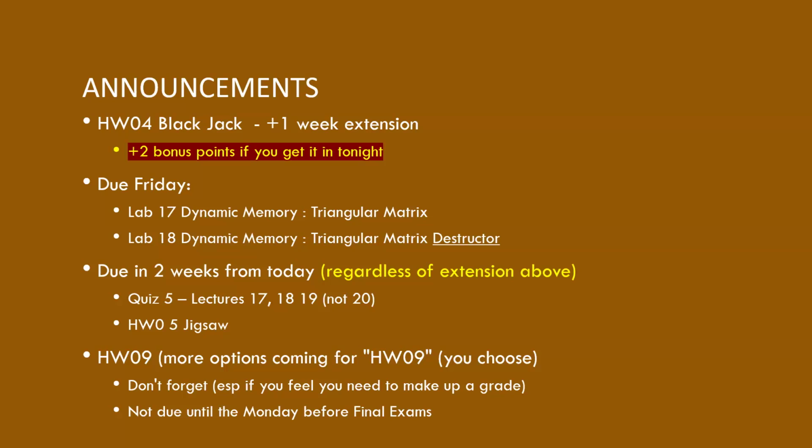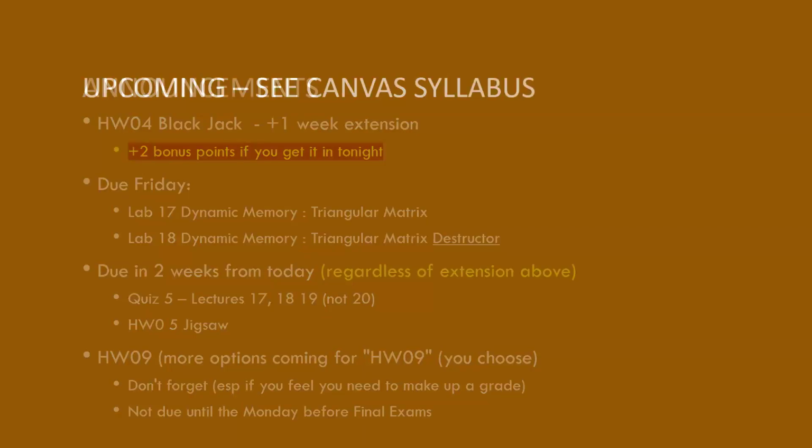So let me know if you have any questions about that. That one is not due until like the Monday before final exam. So you can kind of leave that one out there all the way till the end. But as many of you know, that's usually the worst time of year to be doing extra stuff. So choose wisely your strategy. Just want to give you lots of options for getting the grade that you want to get.